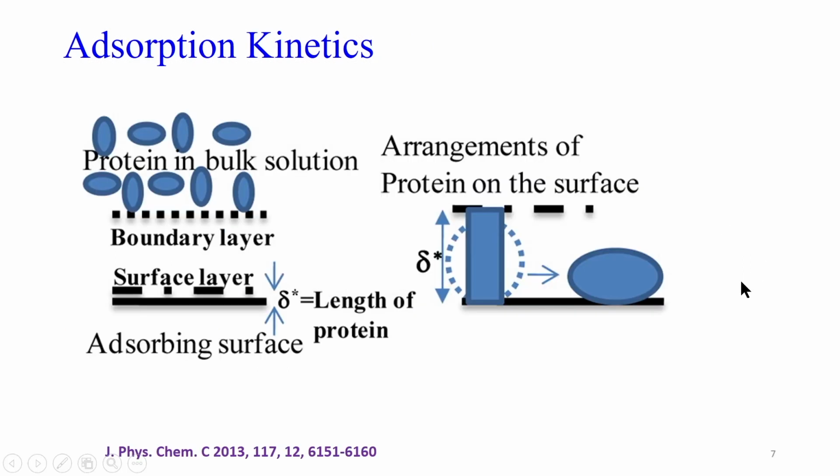Now, we will quickly see the kinetics of adsorption. As I told, proteins are there in the bulk. From the bulk they are coming to the interface. This is the surface and this is the bulk. From there it will first come to the interface.